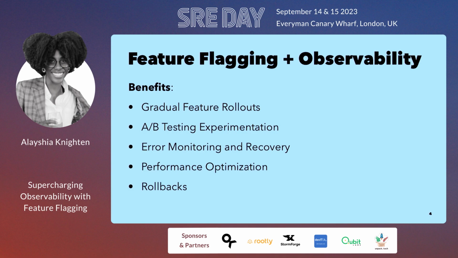So now you get to understand how to track things like your user interactions, error rates, and performance metrics for those flagged features. Feature flags enable A/B testing, so you have experimentation by exposing different feature variations to those user groups. And then observability tools allow you to collect that data to understand that behavior and measure the impact of those variations.